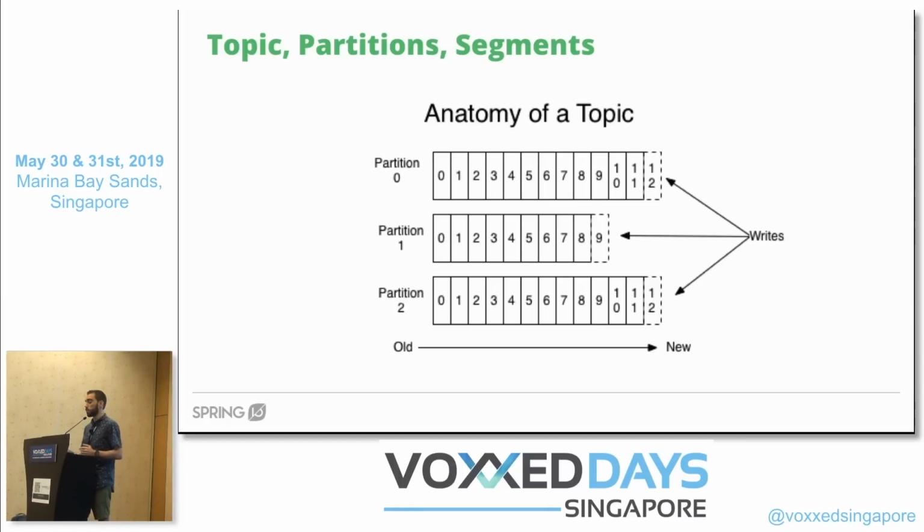If we have keyless messages, which are messages without keys, then we do it in a round robin, so we send a message to every single partition. That means that partitions have a subset of the data inside a topic, and that's where we guarantee the ordering. We cannot guarantee the ordering at the topic level, but we can guarantee the ordering at the partition level.